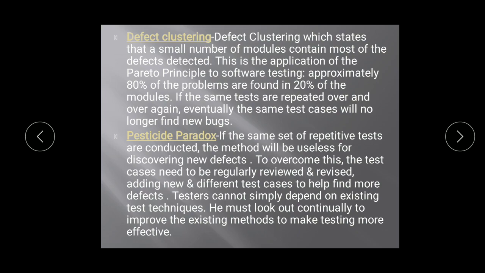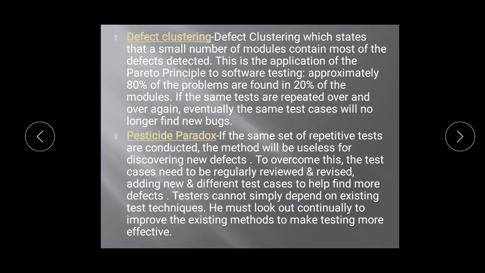So how is defect clustering done? It states that a small number of modules contain most of the defects detected. Small modules will have certain defects where human error can occur. People cannot see it, but there will be some defects which can be found in the debugging stage. That is the reason this is the application of the Pareto principle to software testing.